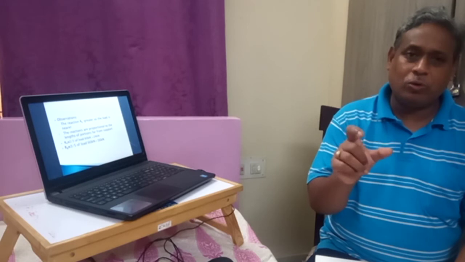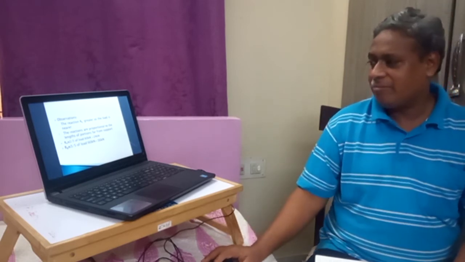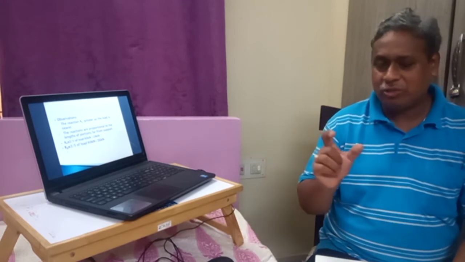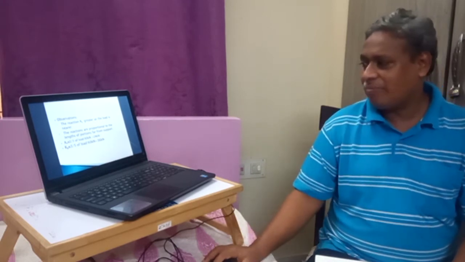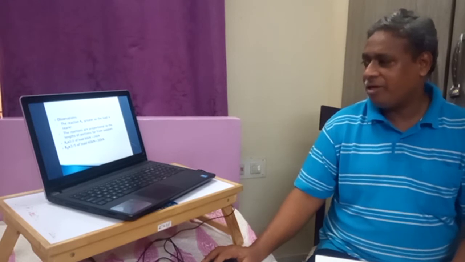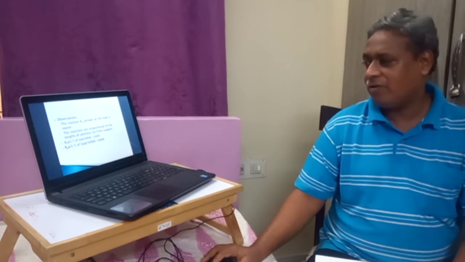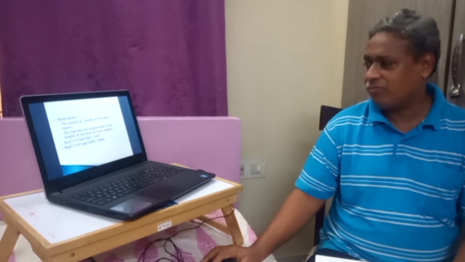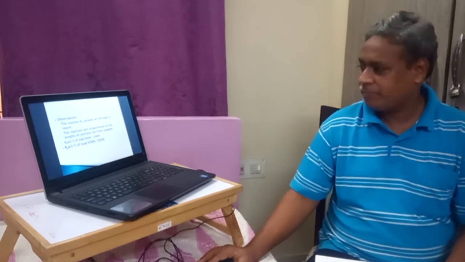The distance between the load and B will give the ratio for RA. Similarly, the portion between A and the load will give the ratio for RB. That is why RA will be 2 by 5 and RB will be 3 by 5 of 60. Therefore, RA is equal to 24 kilonewtons, RB is equal to 36 kilonewtons.